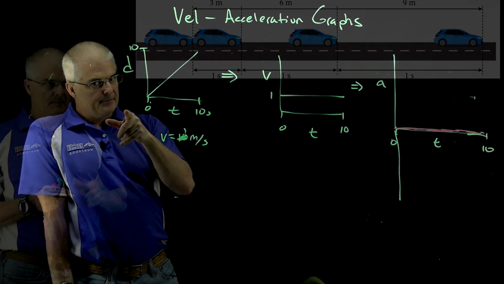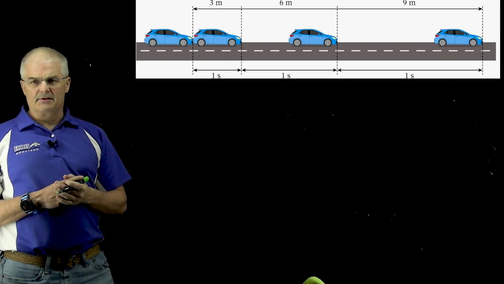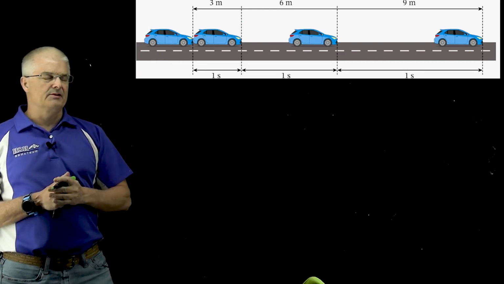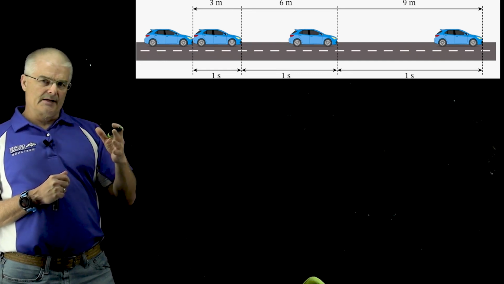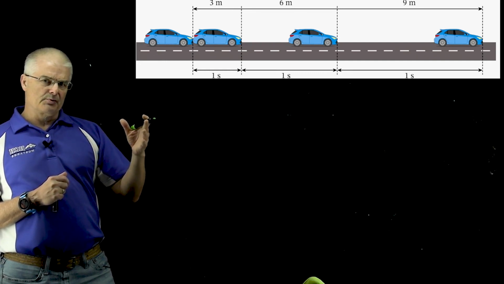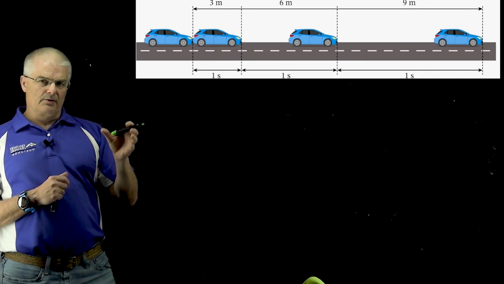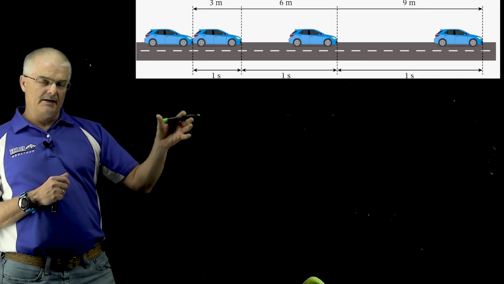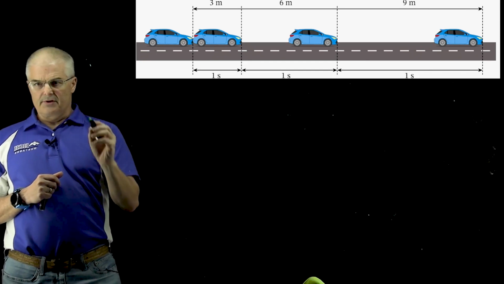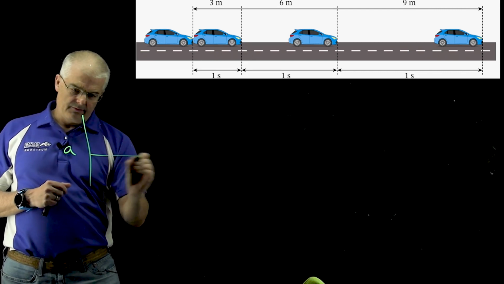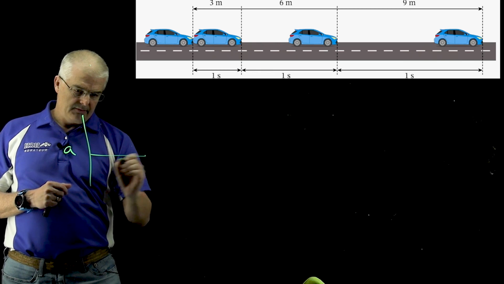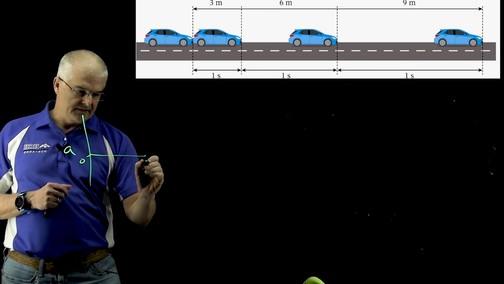Let's look at another example. So let's take the graphs and let's do this a little bit differently. Let's go back to this diagram we've had before. And so we've got a car that every second gets 3 meters per second faster, right? He's going 3 and then 6 and then 9. So let's draw this. But we're going to start backwards with the acceleration. So A versus T. And we'll say, from 0 to 10 seconds.